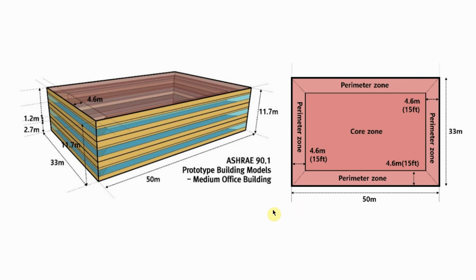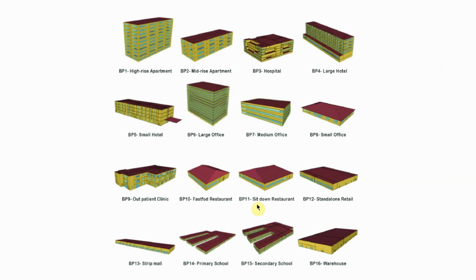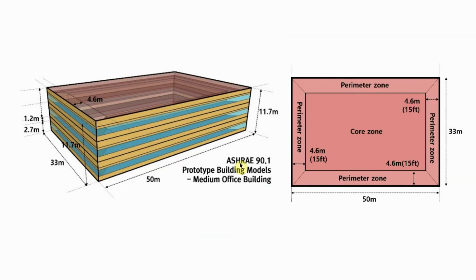Point is that this is where I got that weird shape from, and there's a bunch of them. This is from ASHRAE 90.1, which I didn't mention, the standard that you'll often see quoted. It's everywhere. It's where a lot of the performance information comes from that we use in architecture, especially high performance architecture or contemporary architecture, which has to be high performance.